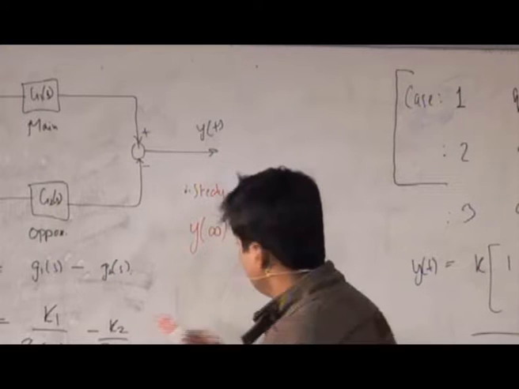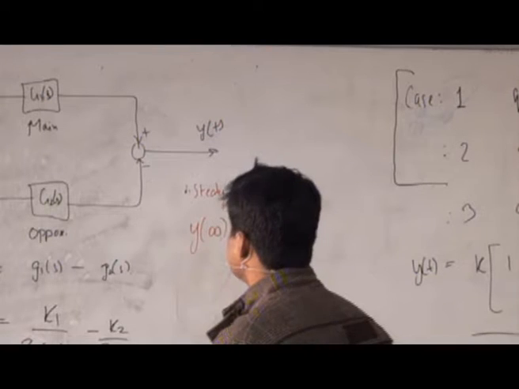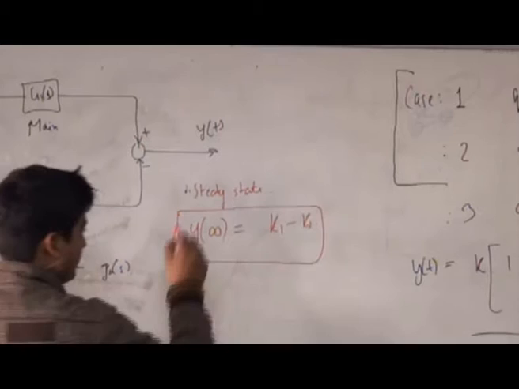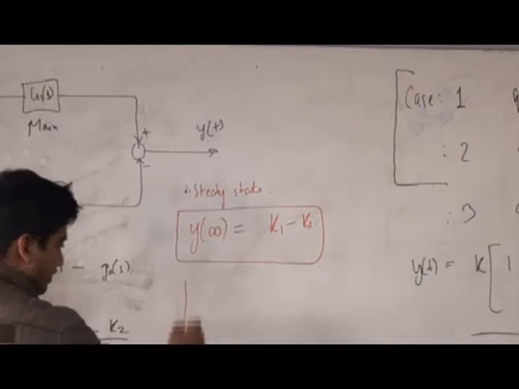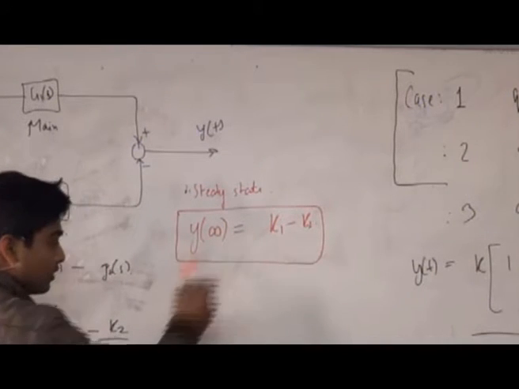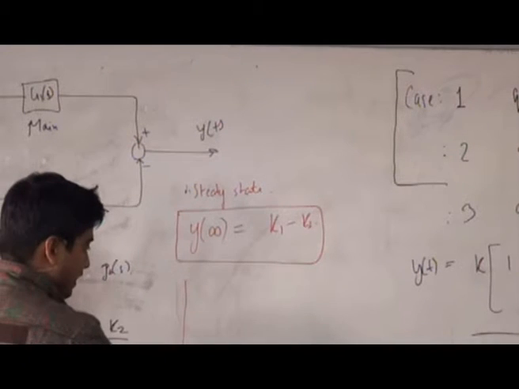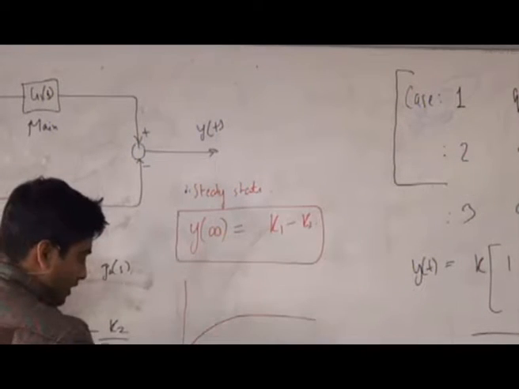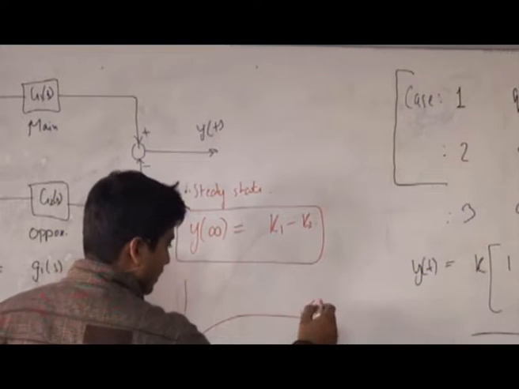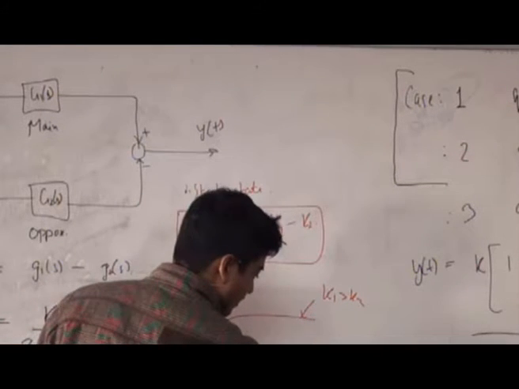Since the ultimate value of the first transfer function would be k1, and for the second it is minus k2, at steady state, depending on the values of k1 and k2, the ultimate steady state would be either in the positive direction or in the negative direction. This condition will occur if k1 is greater than k2, and this will occur if k2 is greater than k1.